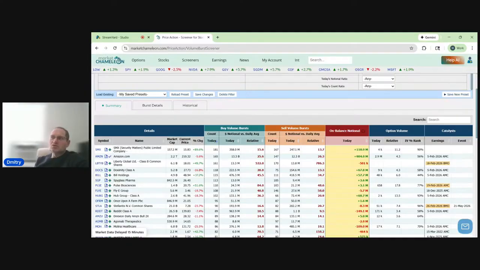Okay, so volume burst could also happen where news comes out and a program trade comes in, or there are program trades in the market sometimes that create these volume bursts as well. But the idea there is that this is a large trading volume in a very short period of time.